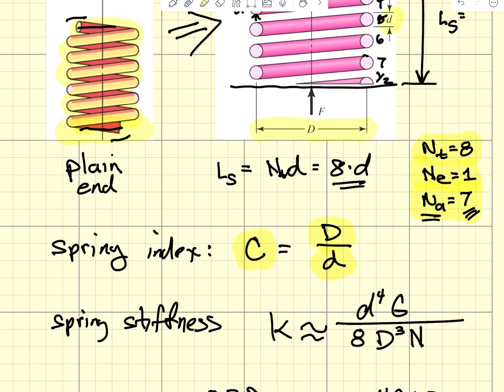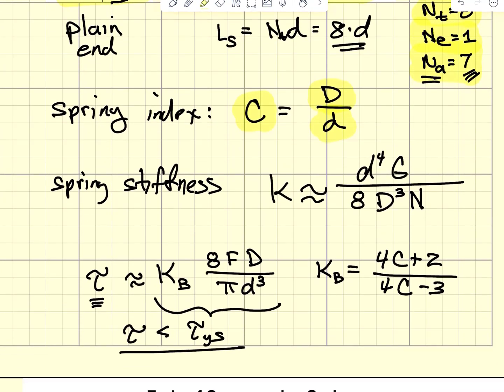The spring stiffness that we figured out previously is estimated using Castigliano's theorem to be the fourth power of the wire diameter multiplied by the shear modulus, divided by 8 times the coil diameter cubed times the number of active coils. So it's very important that we put this N sub A in there.